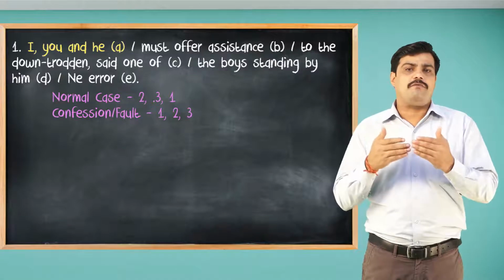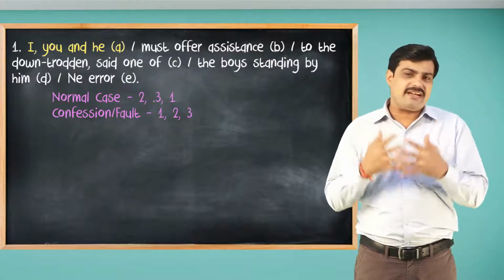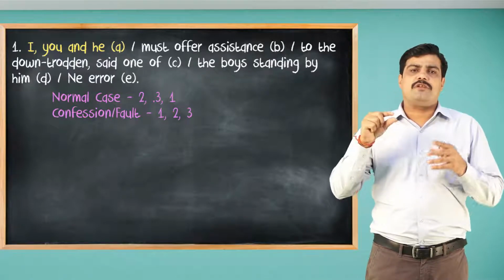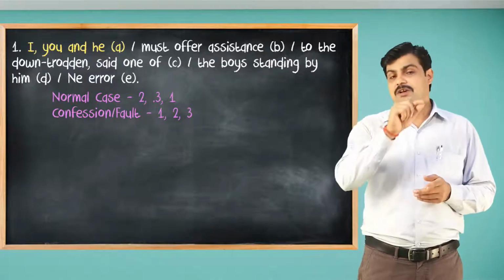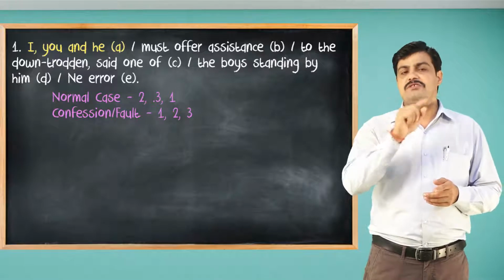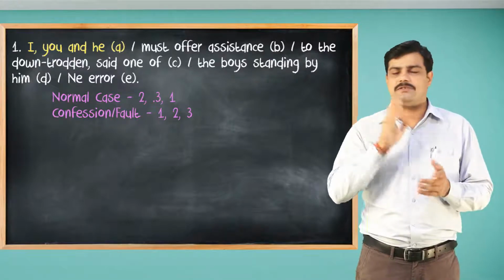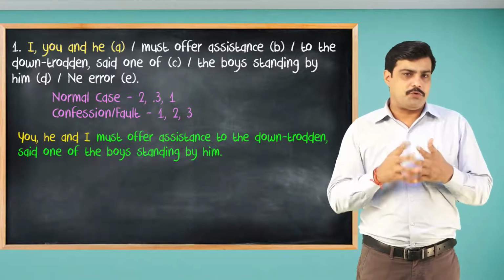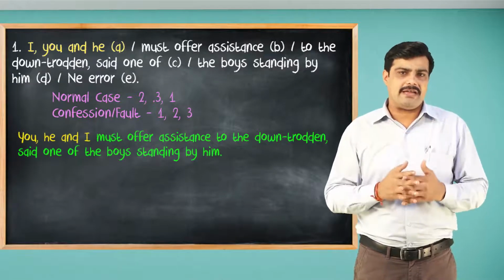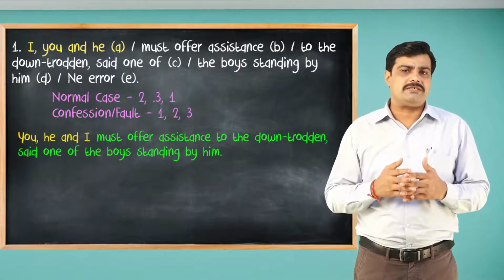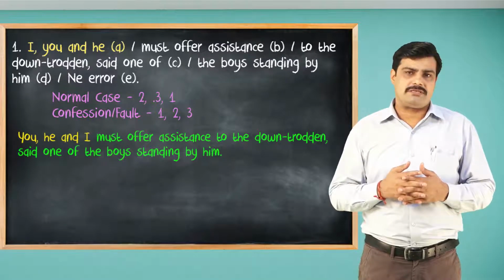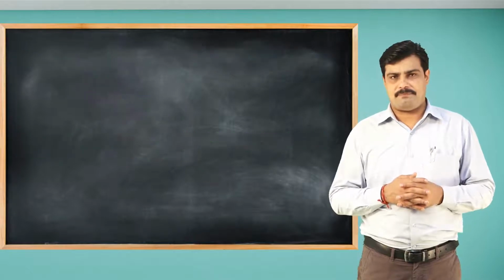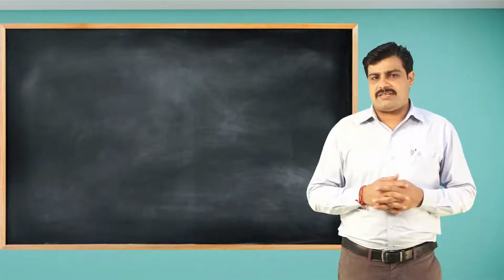But in case of remorse, any confession, fault, etc., the order of pronoun is changed, and that is 1, 2, 3, meaning first person, second person and third person. So the right sentence is: you, he and I must offer assistance to the downtrodden, said one of the boys standing by him. Let us see the second sentence.